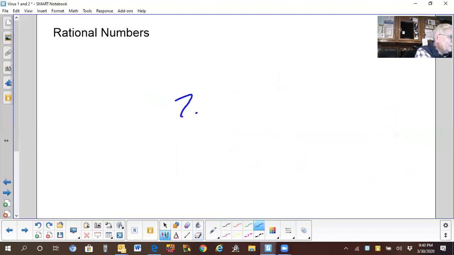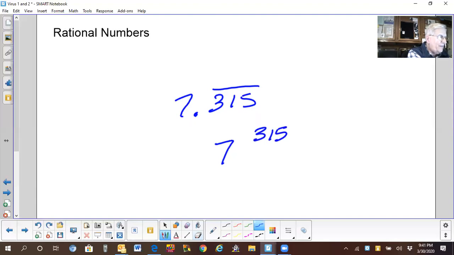If I want to write 7.315 bar as the fraction it came from, remember you would keep the 7 because there are 3 digits repeating in the 315. You can use what I call the Kelly's cheater method to convert that back to the fraction it came from. So it would simply be 315 over 3 nines, okay?